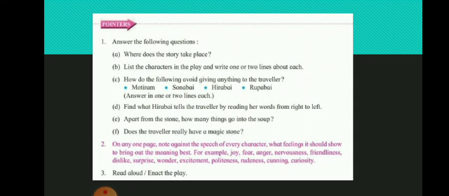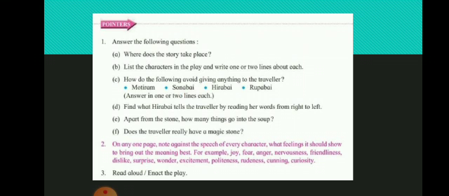Lastly, Rupabai. She told the traveler that she too was very hungry because she had not made anything as her larder was empty. So these were the excuses made by the characters to the traveler. This answer also I will give. Now next is question number D.